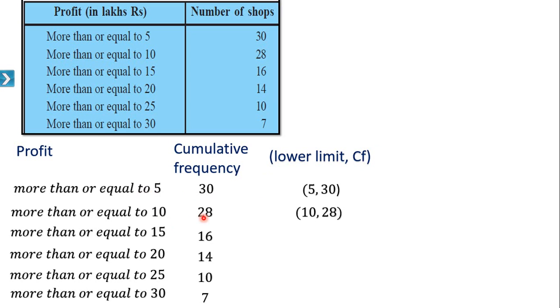So, 10, 28, then 15, 16, then 20, 14, then 25, 10, then 30, 7. So, these are the ordered pairs of lower limits with their corresponding cumulative frequencies. Now, by using these points, we have to plot the points and then we have to draw the graph.